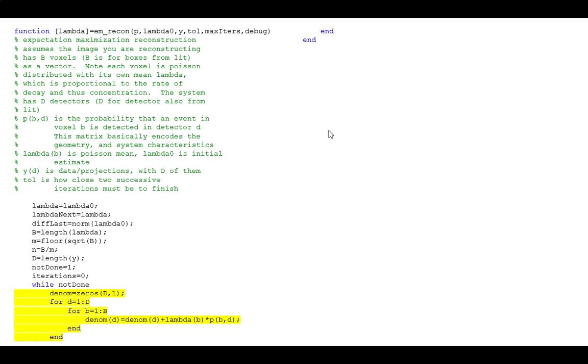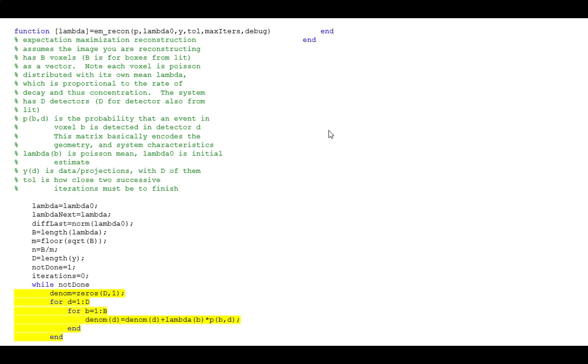All right, and then we just walk through all the detectors, all the boxes, and that is just a straightforward calculation of that summation. Standard running sum equals running sum. We just have to do it over all the detectors D. So that gets me my prediction of what I would expect each detector to have received.